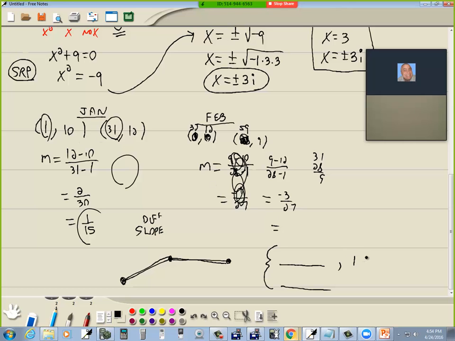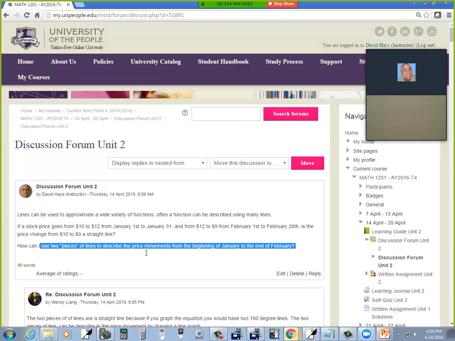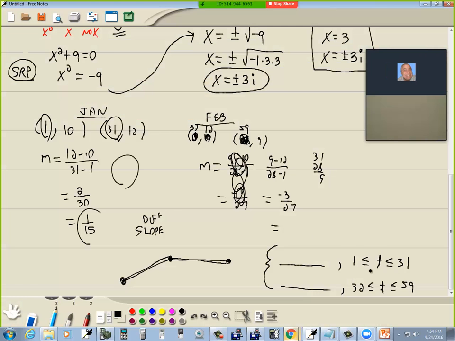This might be where T goes from 1 to 31, and this one would be where T goes from 32 to 59. And that's what they're kind of implying. They kind of answer the question on this second part. When they tell you how would you describe the price movements, well, that's a piecewise function when this piece does not equal this piece. Does that make sense? But like I say, I'm not saying I'm right. There's different ways you could interpret that.